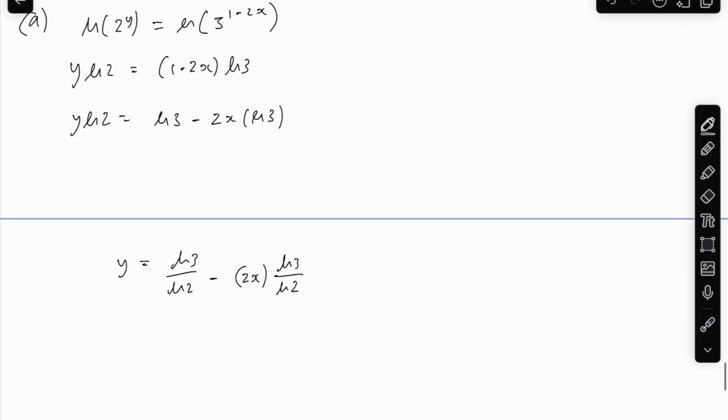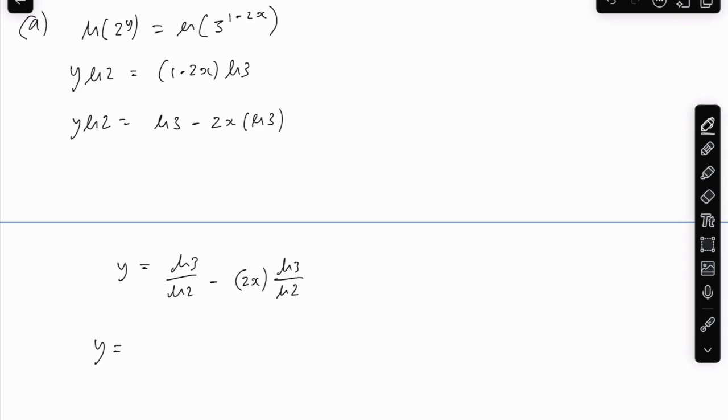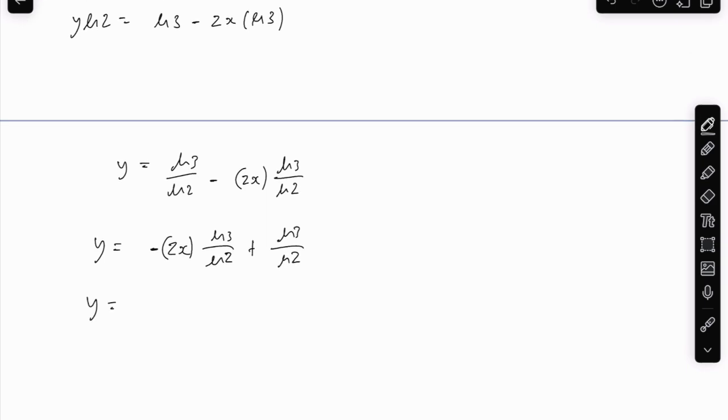Which tells us what? Well, this creates a linear form, does it not? Because we now have minus 2x ln 3 over ln 2 plus ln 3 over ln 2, which we can rewrite as minus 2 ln 3 over ln 2 times x plus ln 3 over ln 2.